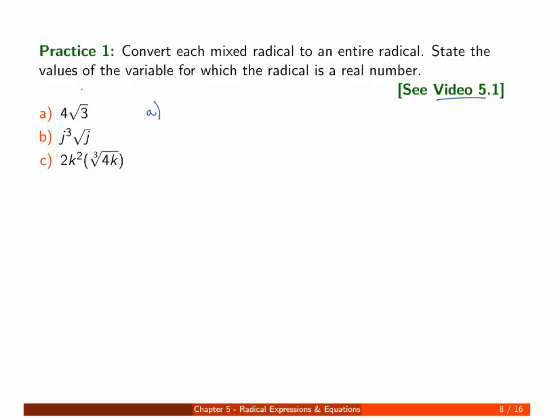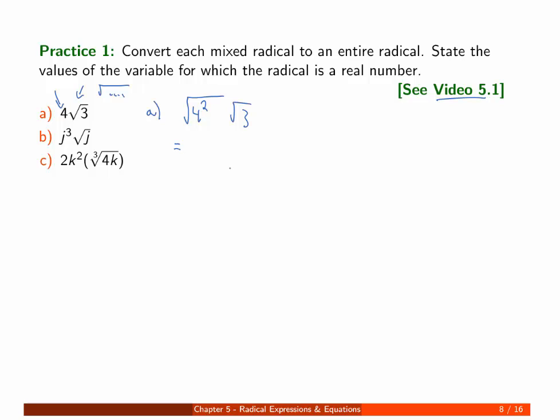Basically, I want to write 4 root 3 as an entire radical. I want everything to be underneath this square root sign. To do this, you want to work backwards, and express this integer as a square root. It's very simple. What if I just square 4, then take the square root? The square root of 4 squared is just 4, so I haven't actually changed this expression.